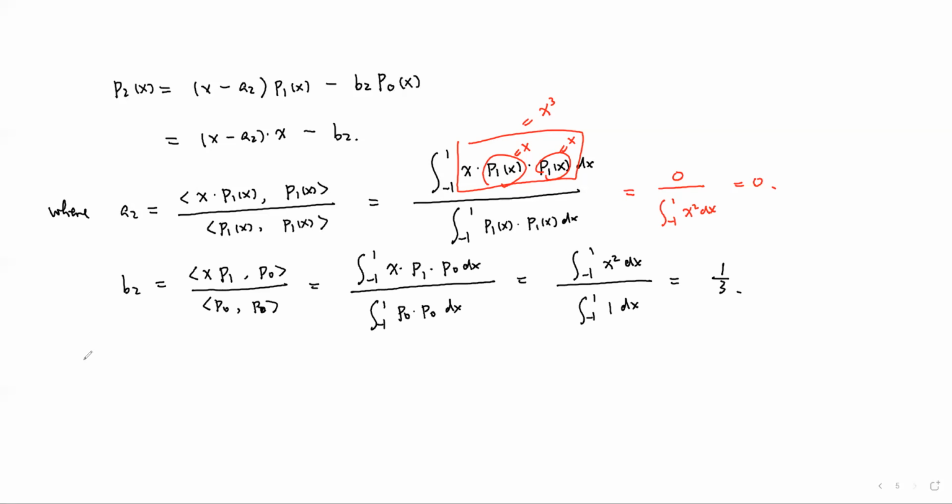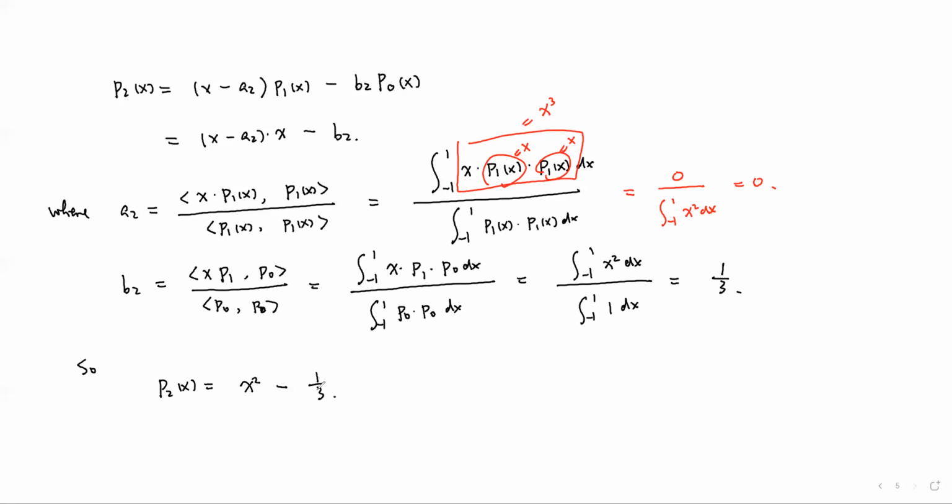So therefore, the third orthogonal polynomial is here. A2 is 0, so the first term is x squared, minus B2, which is 1/3.